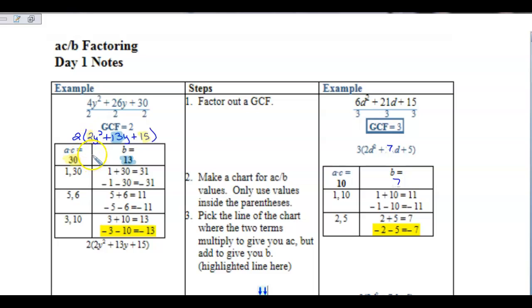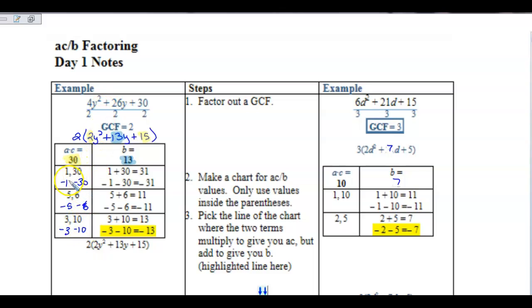So what we're going to do is come up with all of the possibilities for factors of 30. And so I have positive 1 and positive 30. I also have negative 1 and negative 30. I have 5 and 6, but I also have negative 5 and negative 6. And then I have positive 3 and positive 10 and negative 3 and negative 10.